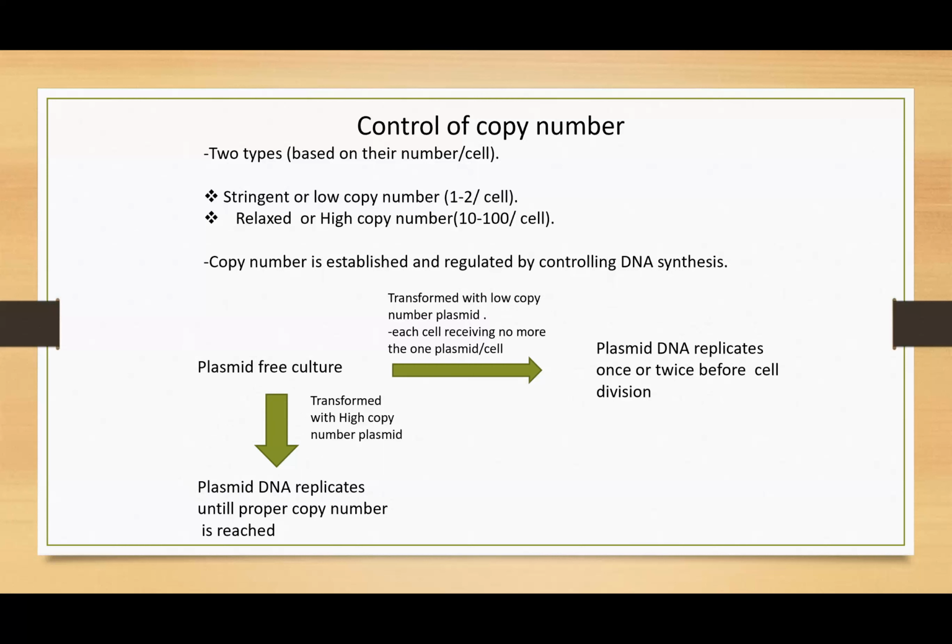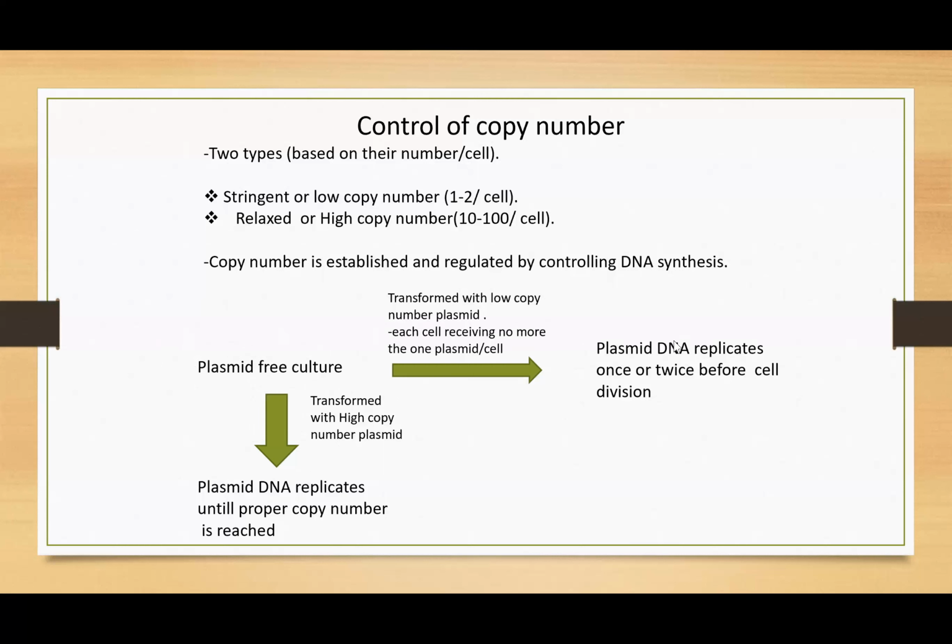So what we are seeing is that the host cell is the same, but when it is transformed with a low copy number plasmid, the plasmid maintains a low copy number, and when the same cell is transformed with a high copy number plasmid, the plasmid maintains a high copy number. So what is the conclusion? The conclusion is that the host cell basically has nothing to do with controlling the plasmid numbers in the cell.